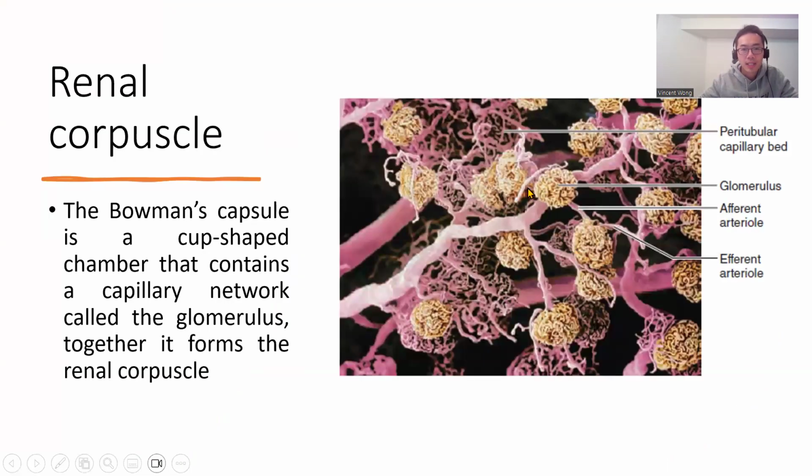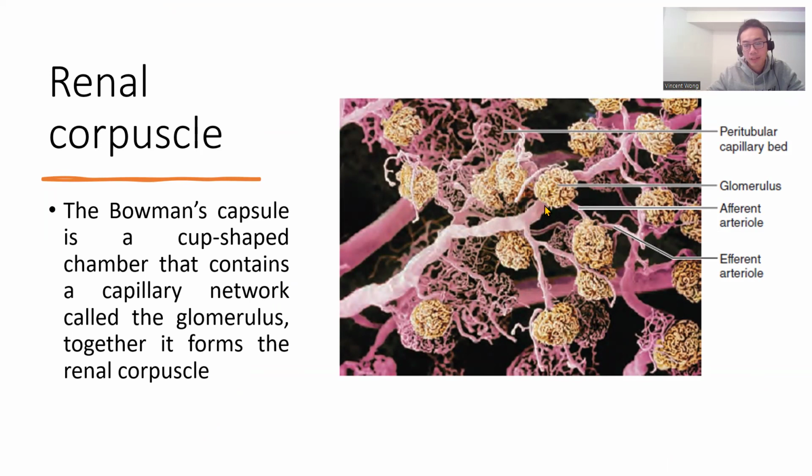Okay, this is what it looks like. The little yellow, fluffy thing looks like a ball of yarn, right? That's actually what glomerulus means. It's like a ball of yarn. So you see it right here. That's the glomerulus, and you can see the blood vessels that are feeding into it, right?